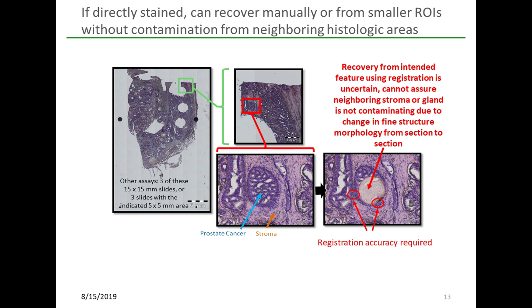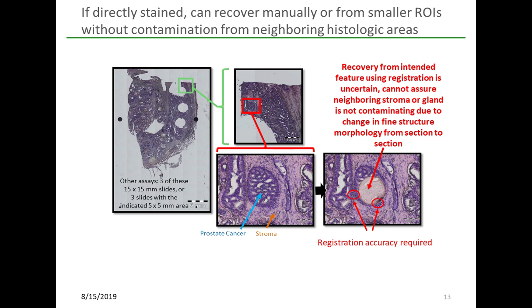And the problem with using a reference sample is that that gland in a 5 micron or a 10 micron section is going to move its edges in the next serial section. It's not going to be identical. It's not a perfect round or perfect cylinder. It's contorted.